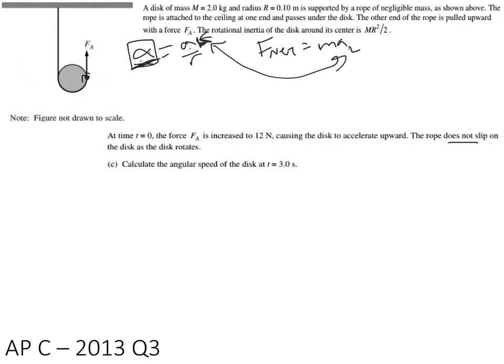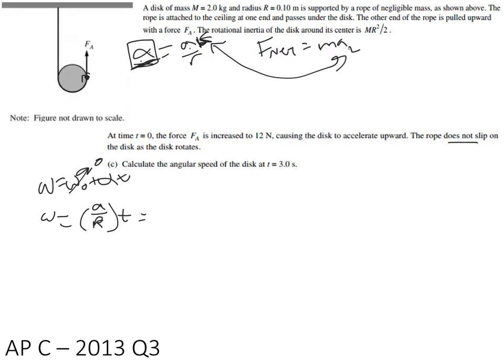The reason why that's important is for this problem, because they want to know what the angular speed of the disk is at 3 seconds. We know what the acceleration is, so we can use this equation. We know this is 0, so this is just omega equals alpha t, but I don't have the angular acceleration. I know what the linear acceleration is, so I can replace alpha with A over R, times t.